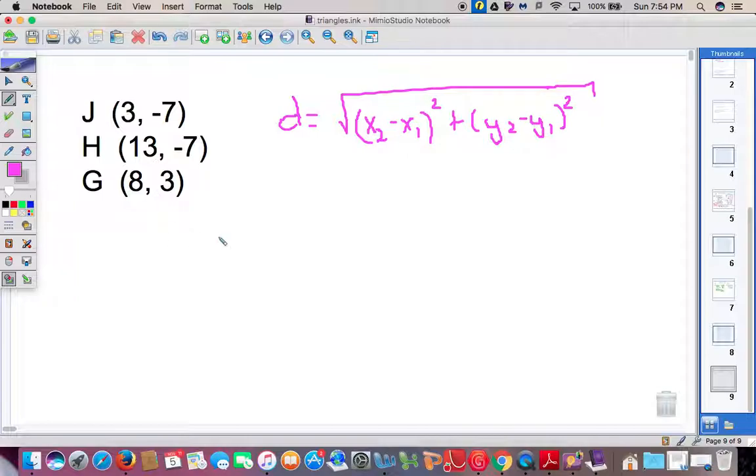Okay, so let's first look at JH. Let this be our x1, y1, and this be our x2, y2.